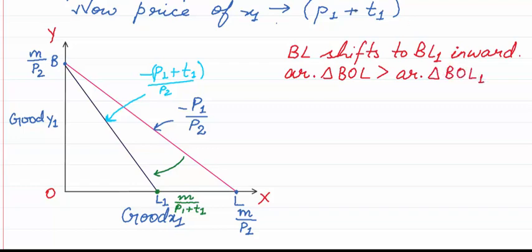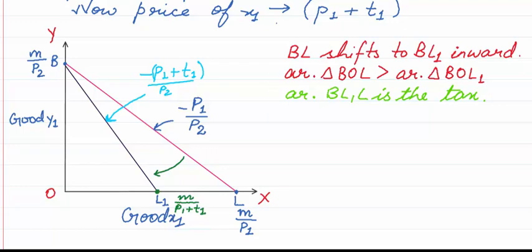So we can say that the affordable consumption bundles which lied in the region of BL1L cannot be afforded by the consumer now. So area BL1L is the tax that is being paid by the consumer to the government.